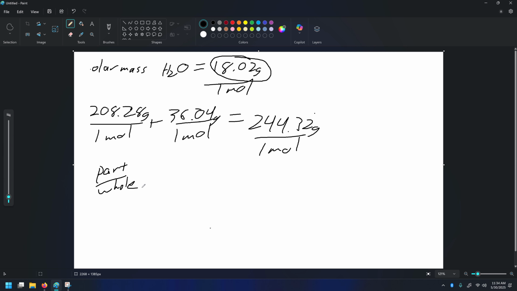The small thing in this case is going to be the amount of water molecules in this particular compound. And so we're going to say that is the 36.04, and we're going to divide that by the whole, which is the anhydrous salt plus those water molecules, and that's going to be my 244.32.